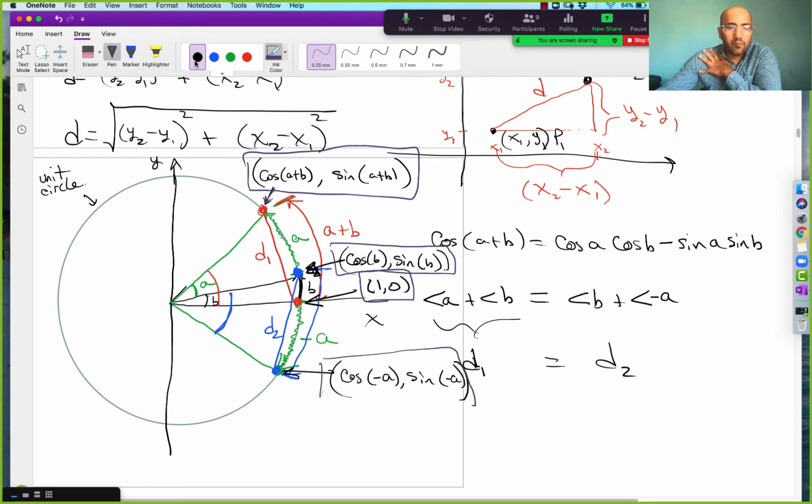Let me pause there because, okay, cosine of negative a, remember cosine is even, so this is just equal to cosine of a. And sine is odd, so this becomes negative 1 times sine of a, or just negative sine a. Any questions?